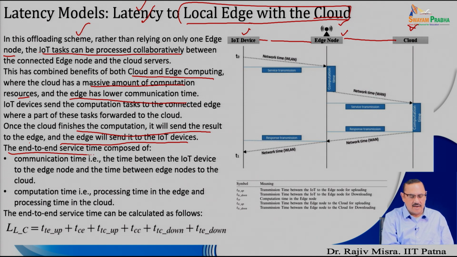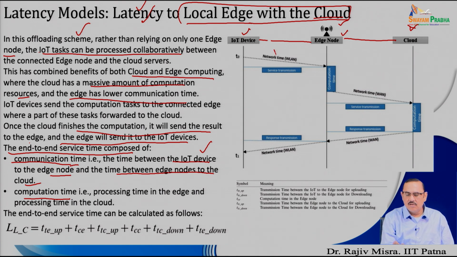So, let us understand the end to end service time under this model, which is local edge with the cloud. This has two types of delays in the end to end service time. One is called communication delay, the other is called computation delay. Let us understand the communication delay. When the IoT device offloads the task to the edge, there is the time between the IoT device and the edge node, and the time between the edge node and the cloud.